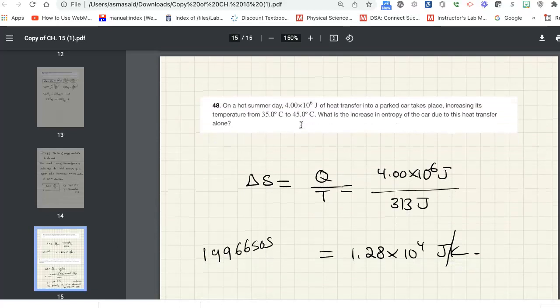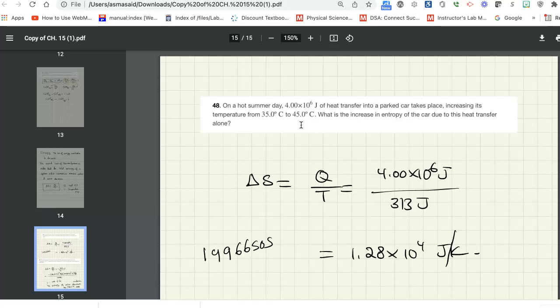On a hot summer day, 4 × 10^6 joules of heat transfer into a bar car takes place, increasing its temperature from 35 to 45 degrees Celsius. What is the increase in entropy of the car due to this heat transfer? Actually, we can just divide Q by the temperature.